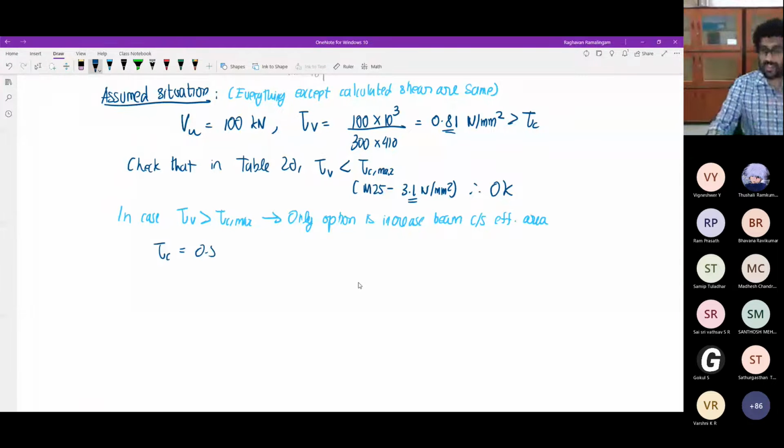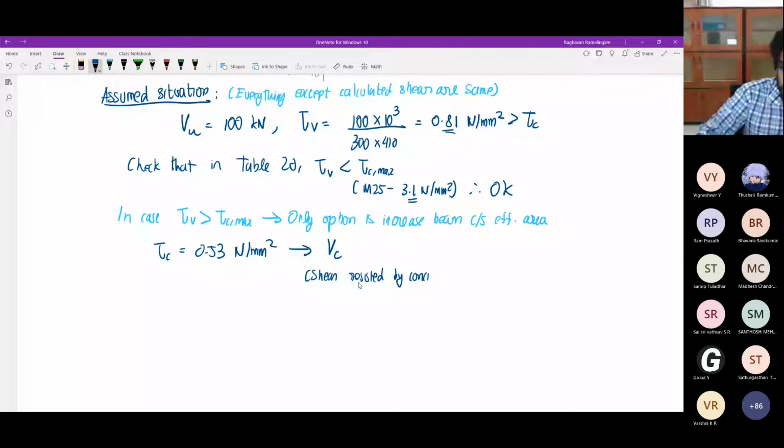There's a total of 100 kilonewtons of shear force. How much of this will be resisted by the concrete and the longitudinal reinforcement, that is Vc, which is nothing but 0.53 into the effective area, 410 into 300. This will be in newtons. Keep it in newtons itself. We need it in newtons.